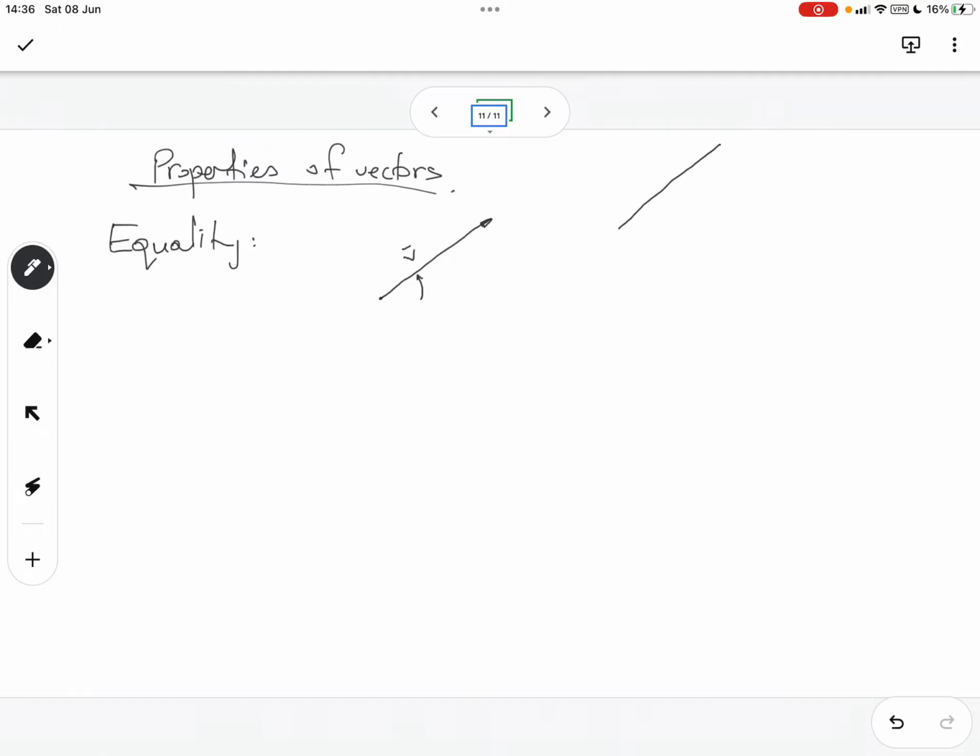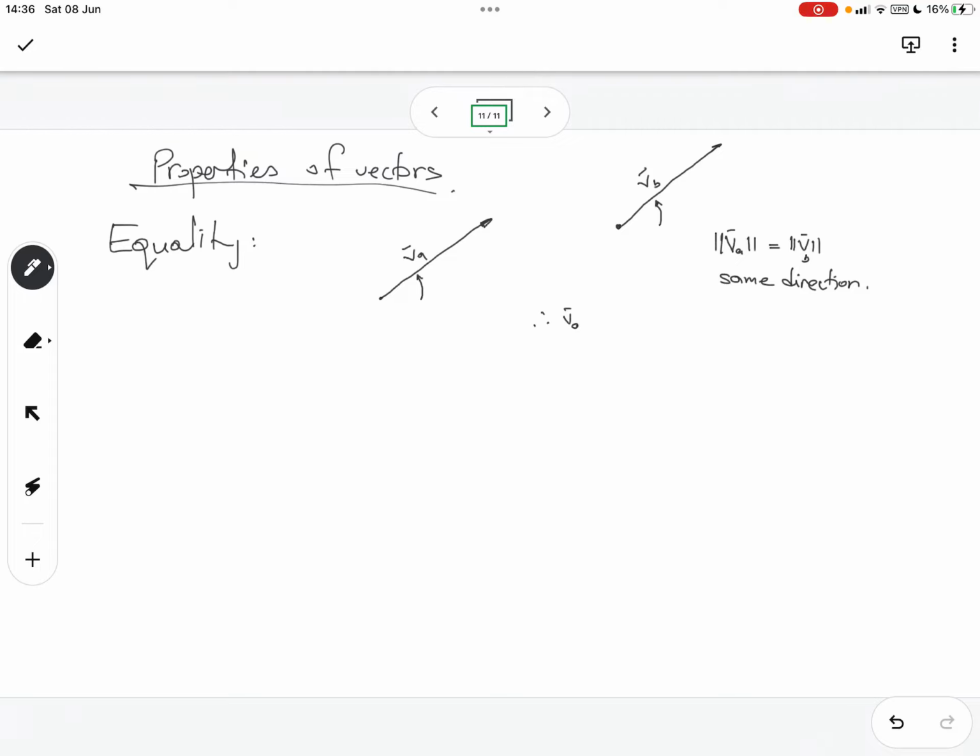And this means if we have a vector that has a certain magnitude and direction, and there is another vector somewhere in space, and the magnitude of vector A equals the magnitude of vector B, right?